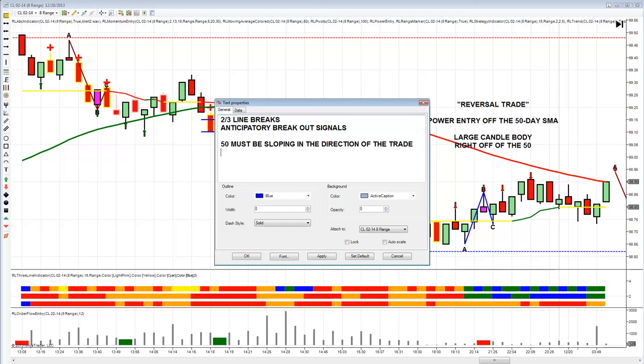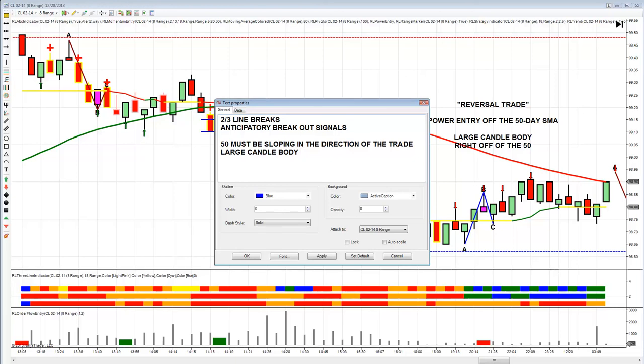And again, like all of our trades off of trend lines, you want to have a large candle body, which shows that there's either significant buying or selling conviction in the direction of the trade.